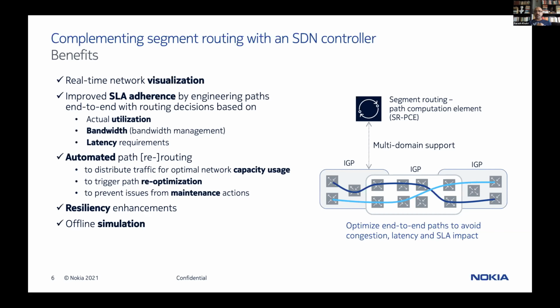So that's important. Now, by having that global view as well, the controller can now make more intelligent decisions about alternative paths. So in the event of failures, what is a better path to take? We know that when we have things like routing based on IGPs and so on, we have things like micro loops while the network reconverges.